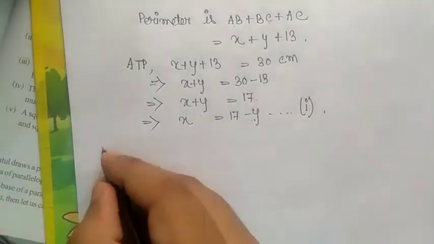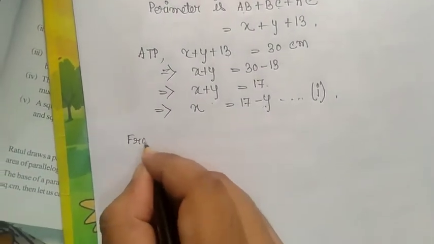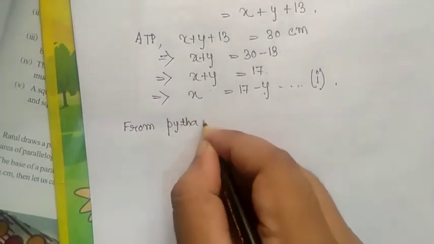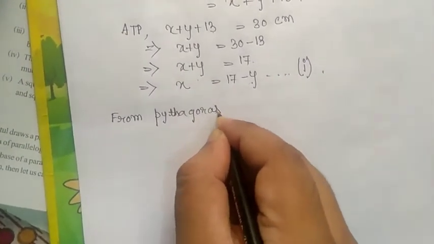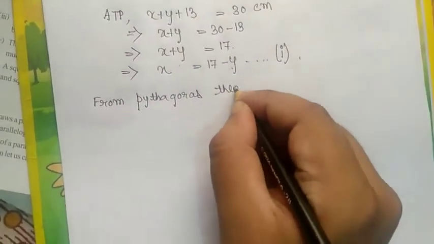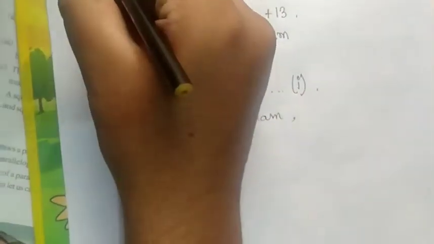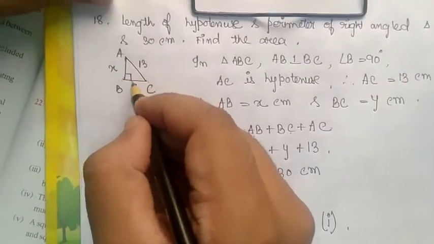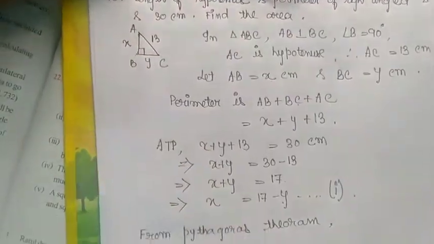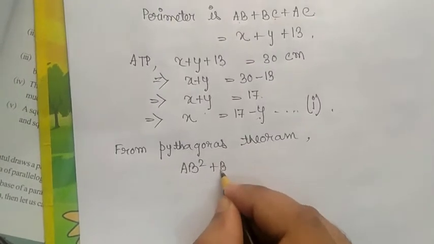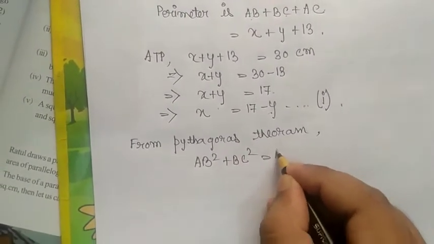Now from Pythagoras theorem, we know that in the triangle ABC, height square plus base square equal to hypotenuse square. So AB square plus BC square equal to AC square.